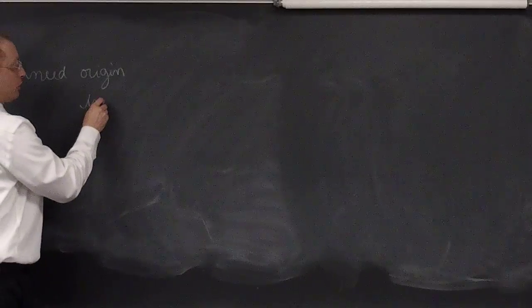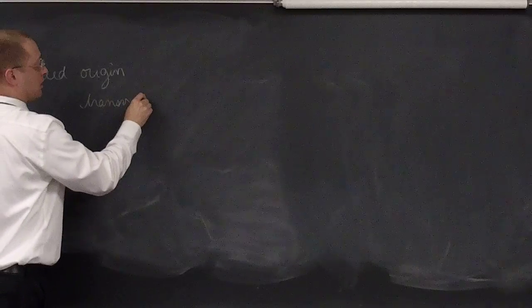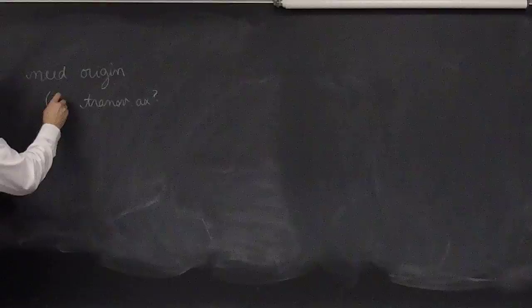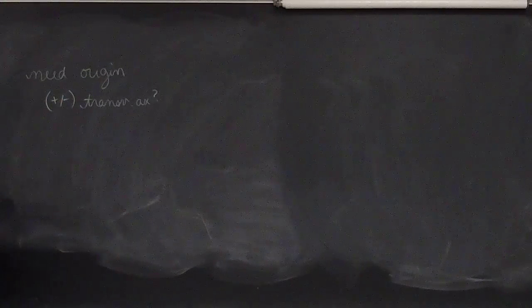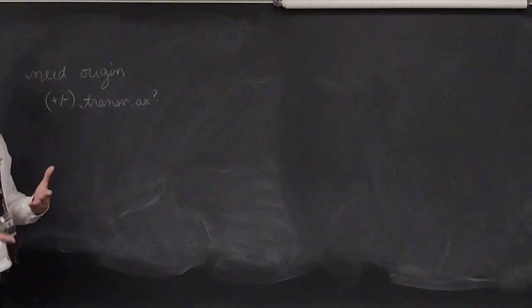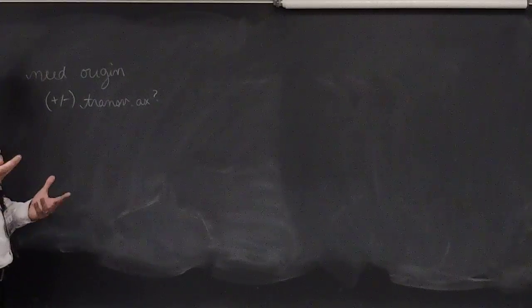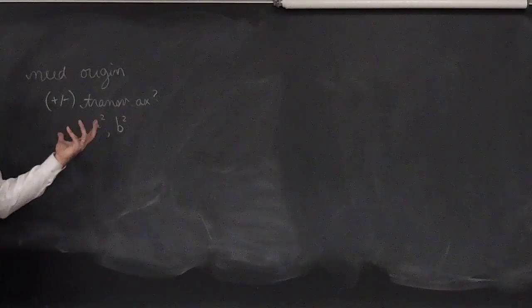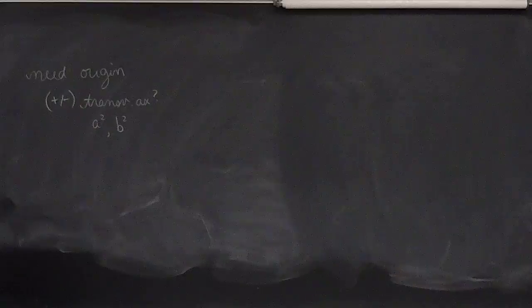Which one's transverse? And of course, that's your positive, negative. Then the conjugate axis and the transverse axis, right, the a squared and the b squared. I need to know those values. So if I know these things, I've got what I need.